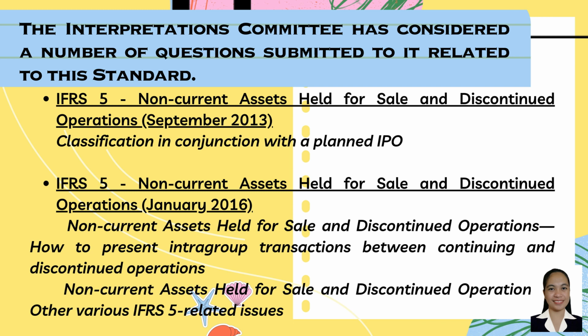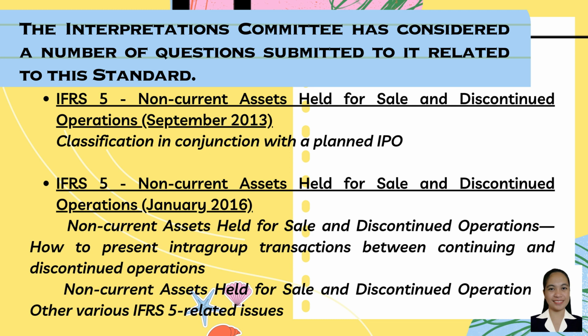The submitter pointed out that paragraph 30 of IFRS 5 requires an entity to present and disclose information that enables users of the financial statements to evaluate the financial effects of discontinued operations and disposals of non-current assets or disposal groups.